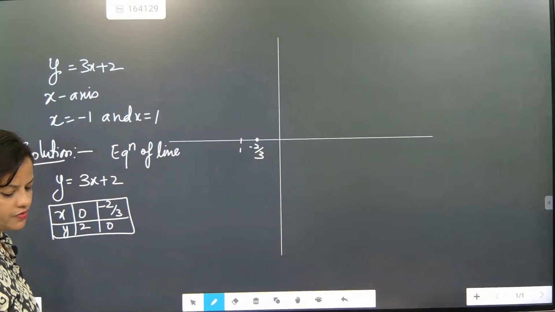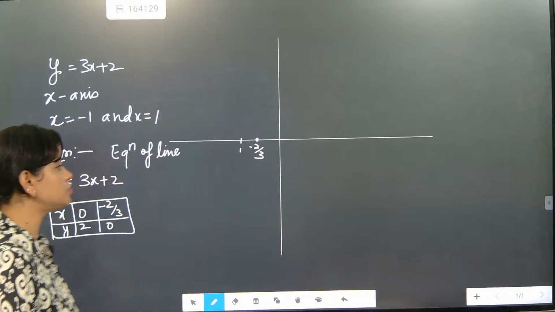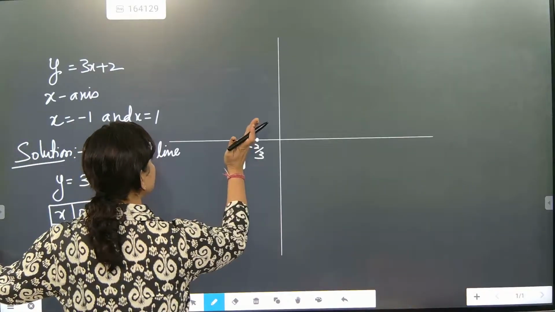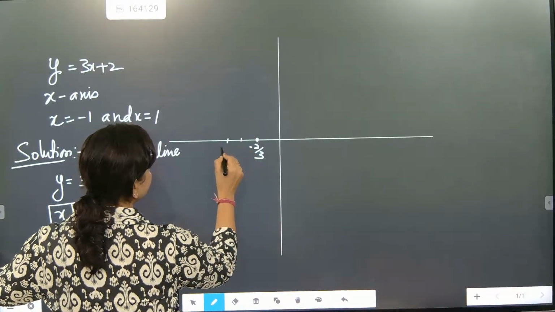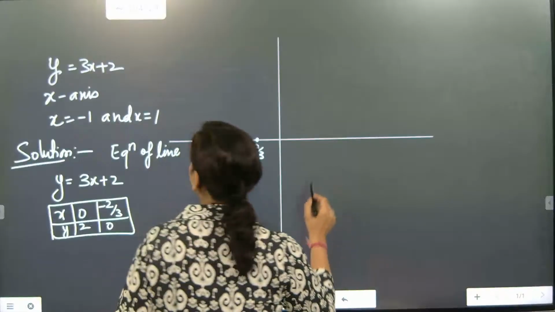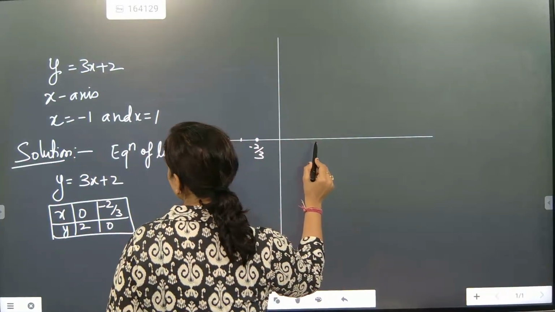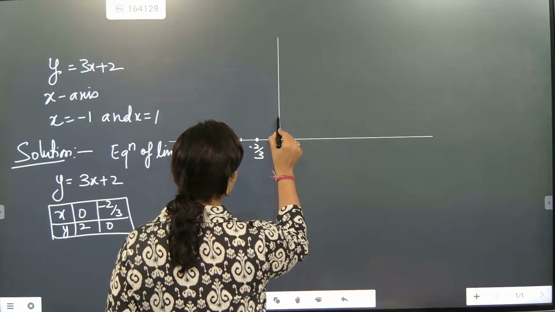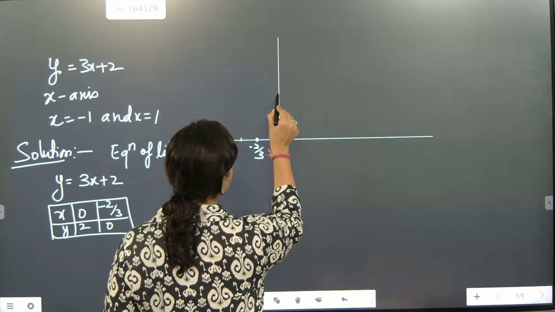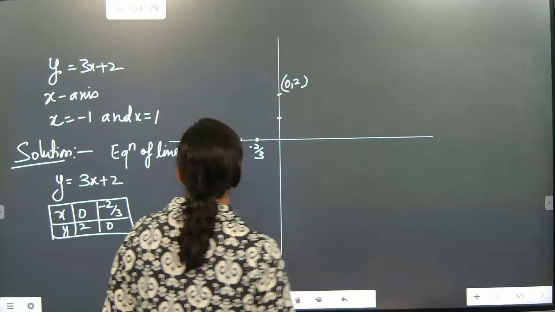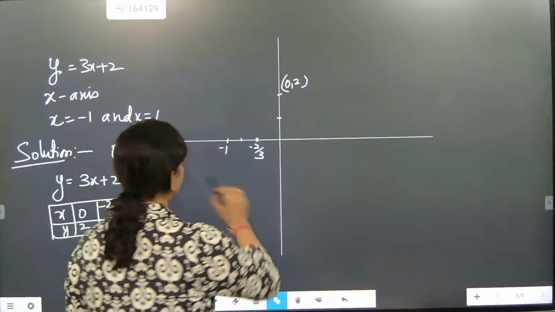Come on, check this one very nicely. X is equal to minus 2 by 3. Next part is x is equal to minus 1, little gap I am giving so that it will be okay. And then next point is x is equal to 0, y is equal to 2. Fine. So we are going to draw this now.